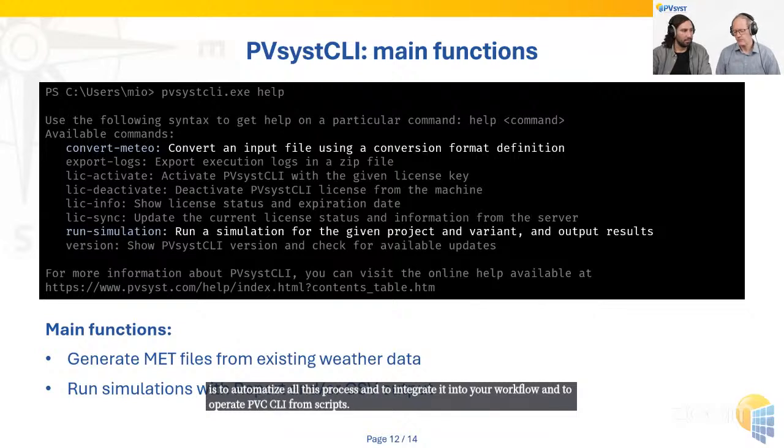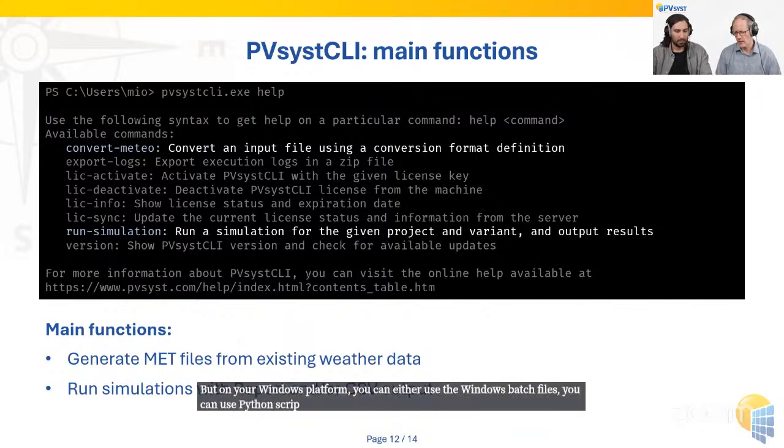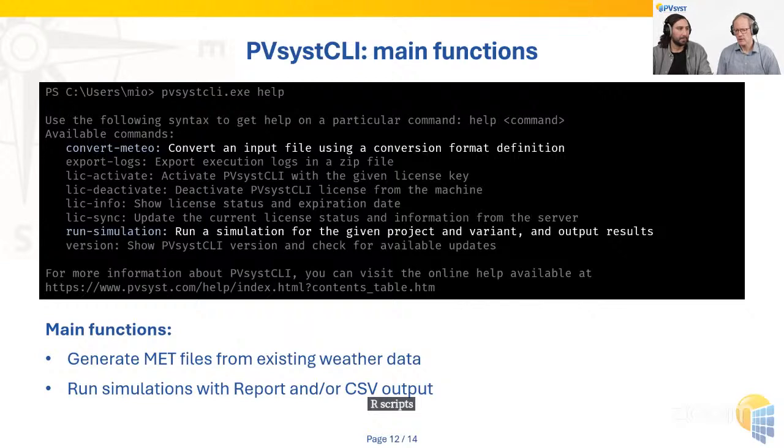And these scripts need to be Windows scripts because PVsystCLI, like PVsyst, has to run on a Windows platform. So this is necessary. But on your Windows platform, you can either use Windows batch files, you can use Python scripts, you can use R scripts or any other scripting environment that is able to call Windows command lines.